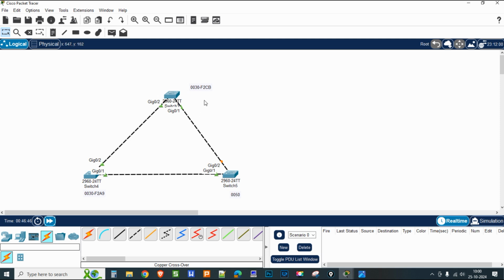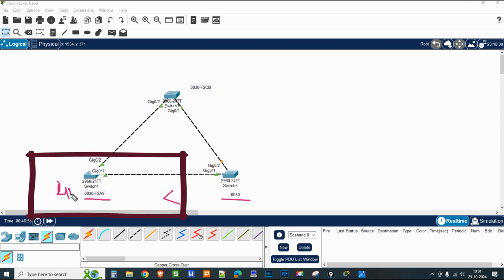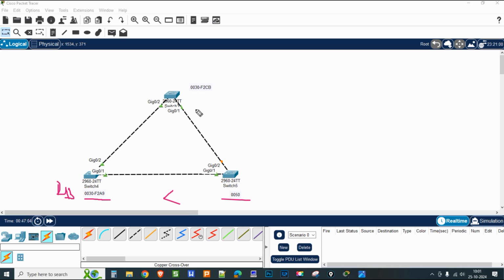You can compare between the switches. So 0030, 0050, F2A9. This one is the root bridge. After that, if any switch comes into the infra, it can compare the MAC address value as well as the priority value.